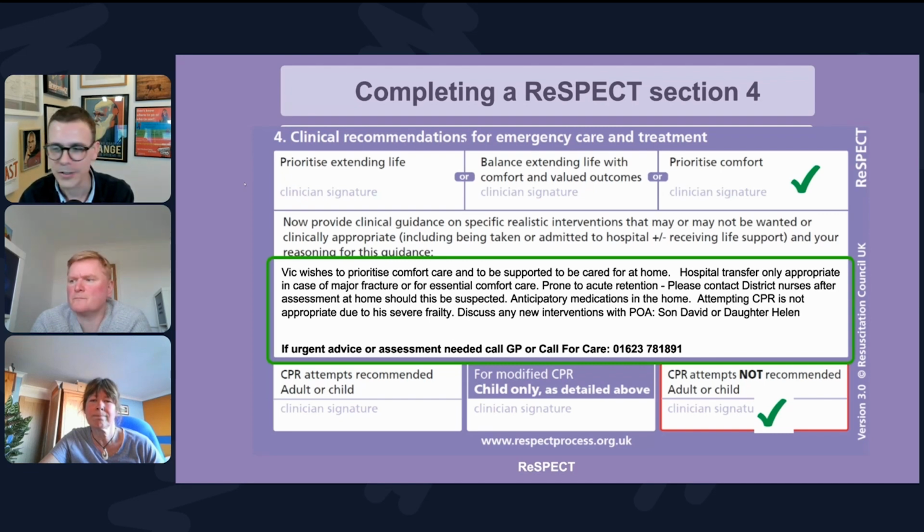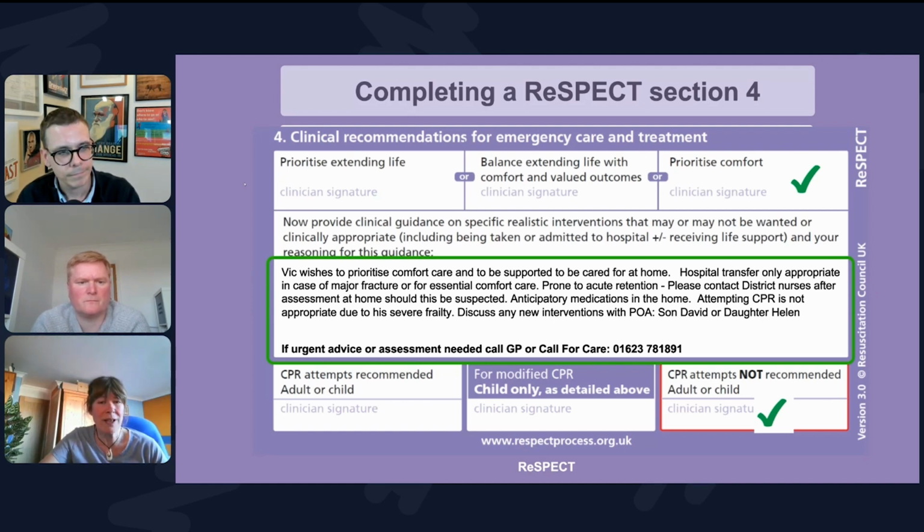And I know there's a slide deck which we probably ought to link to as well, that gives lots of examples of good entries in box 4. I don't know if you want to say a little bit about how important it is to get this right, and maybe give some tips about how we get the right sort of information in this box to get the right outcomes? Yeah. So obviously it's got to be personal to the patient.